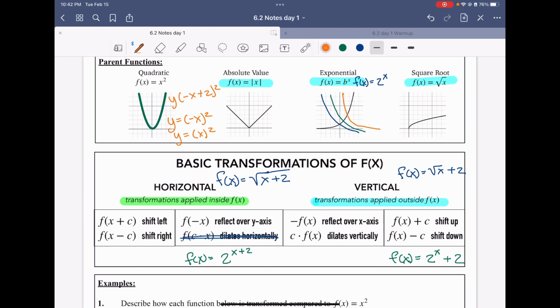They usually would rewrite it in a simpler form. So it doesn't usually come up as often with quadratics and absolute values because they are symmetric. It's going to come up more often with exponential and square root. There is one example in the homework, though, with absolute value where there is a negative in the absolute value.